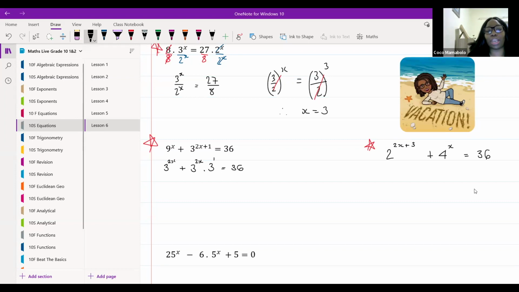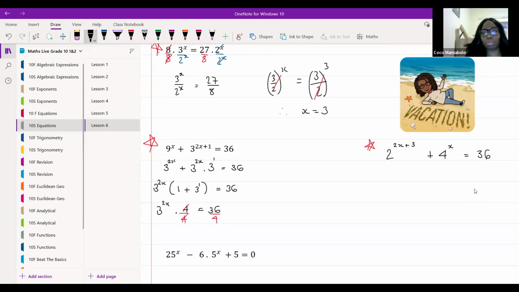So I know that I've got an HCF on this side of 3 to the power of 2x. If I take that out, I'm going to have 1 plus 3 to the power of 1 is equal to 36. I now have 3 to the power of 2x multiplied by 1 plus 3, which gives me 4, is equal to 36. Then I can divide both sides by 4 to get rid of the 4.